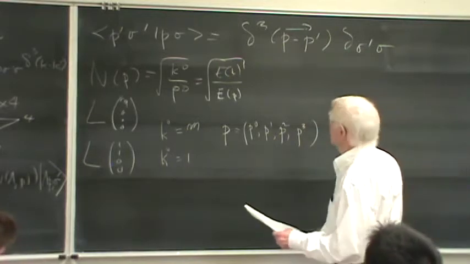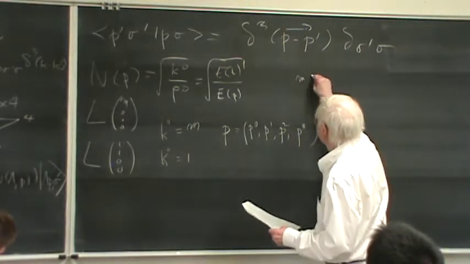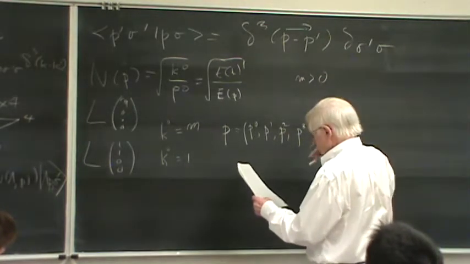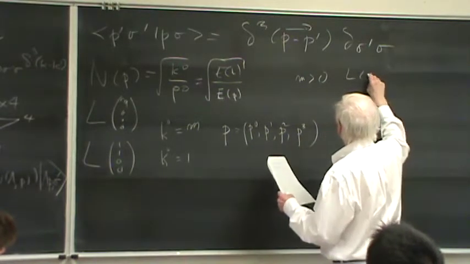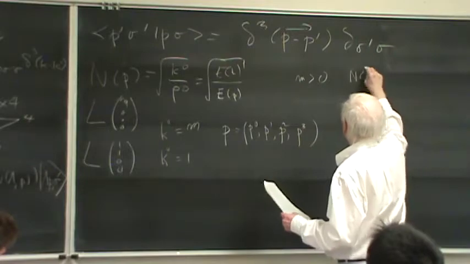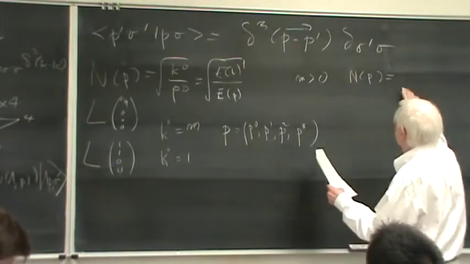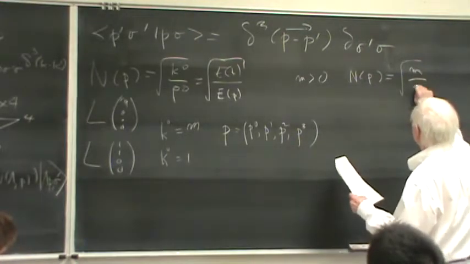Okay, so for m greater than 0, what we have is that N of p, this normalization factor, is the square root of m over P0.